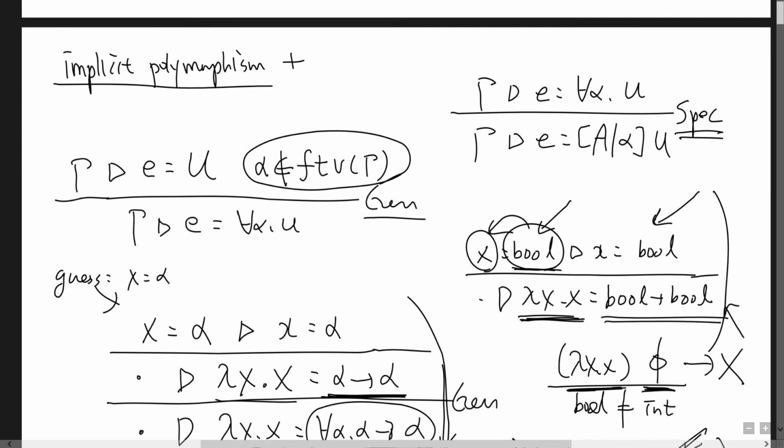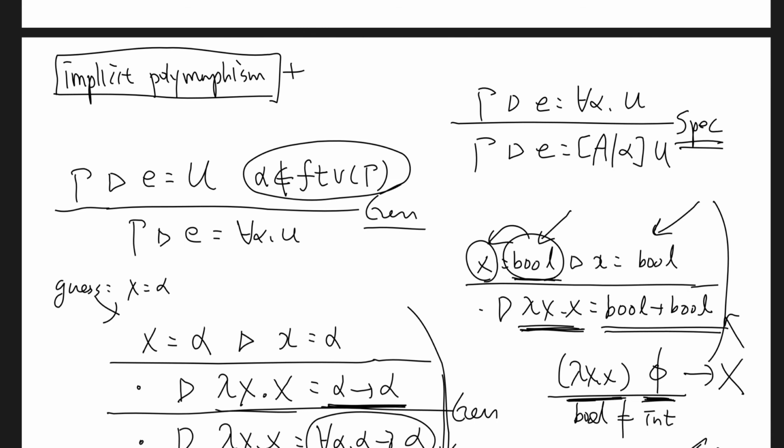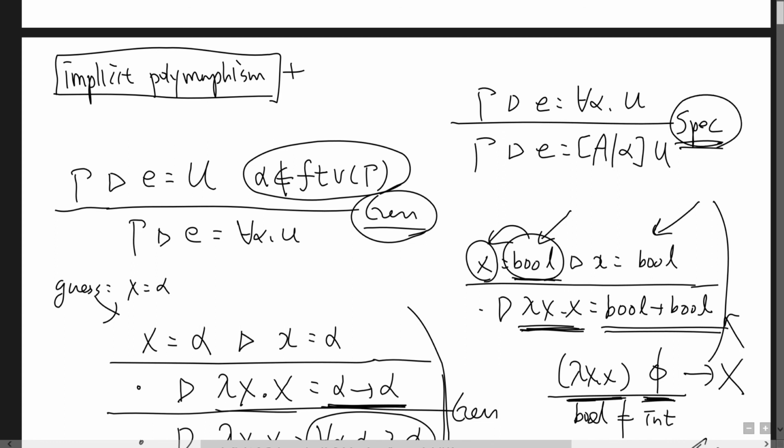So to summarize the story so far, we'd like to use implicit polymorphism as the basis for a practical programming language. And in order to take advantage of the fact that this type reconstruction algorithm never generates wrong type variables, we make slightly modified typing rules. This is the generalization rule and the specialization rule.